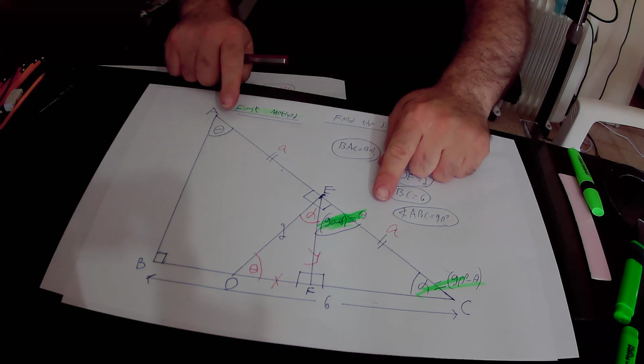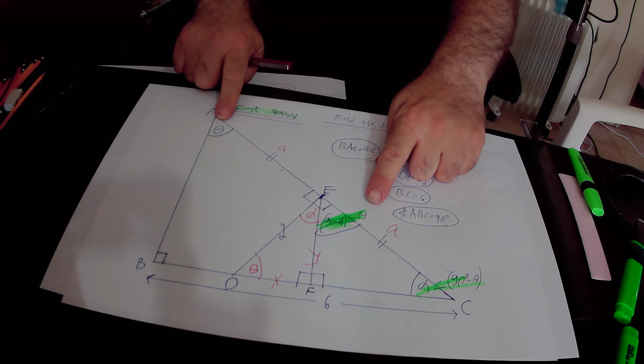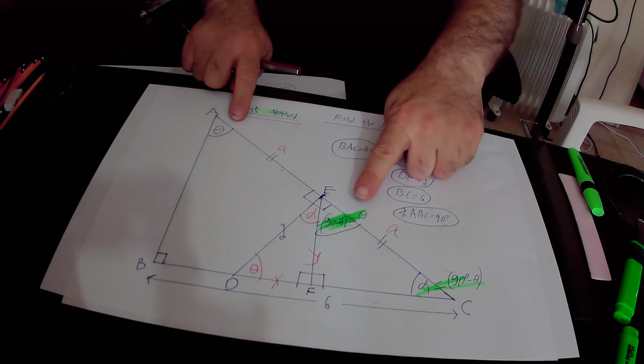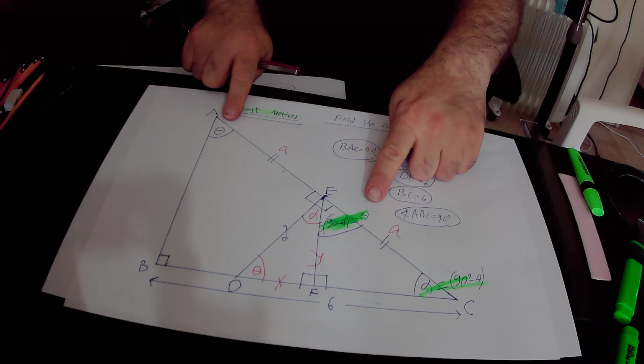We also know that those two angles are equal to each other. They are both equal to theta. Because here 90 degrees minus alpha equals theta. So both those two angles are equal to theta.